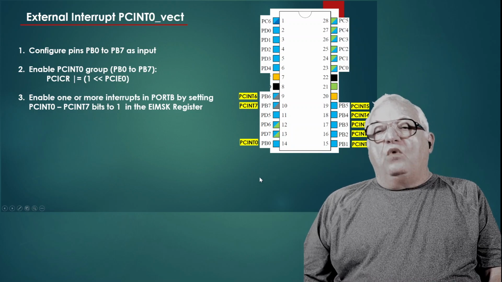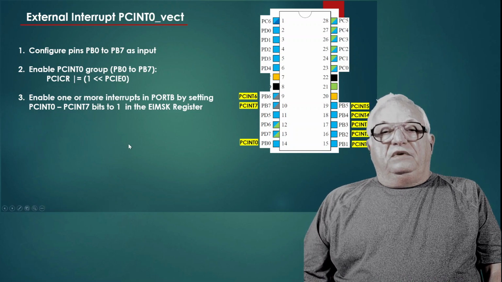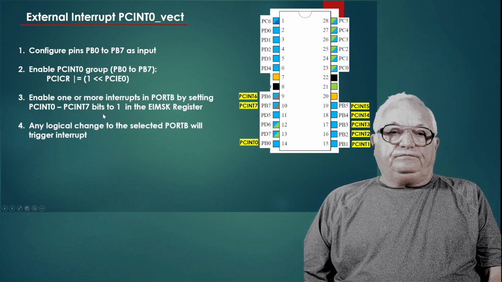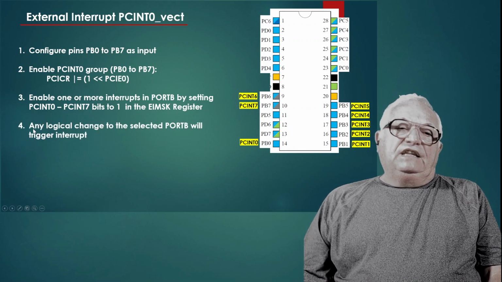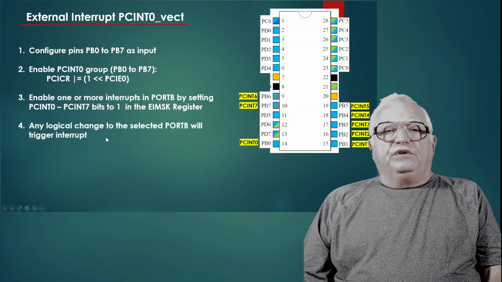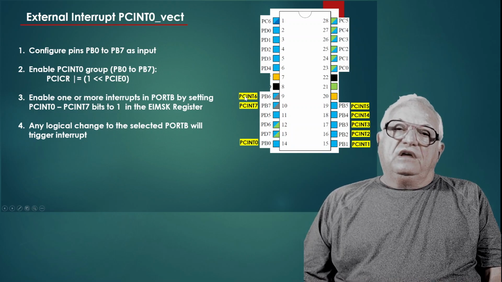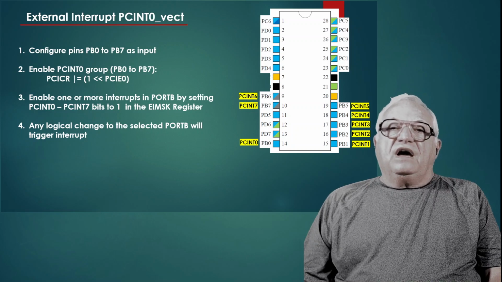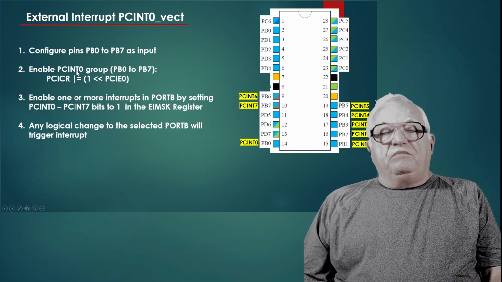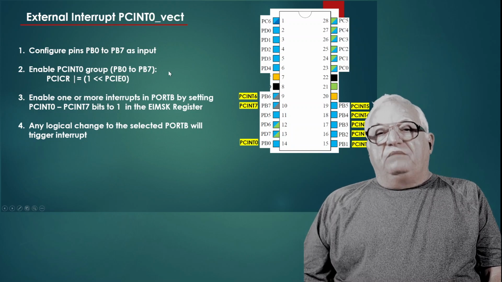You can select 1, 2, 3, or you can select them all to be configured to create interrupts. Next, any logical change on the selected port B pins will trigger an interrupt. So any pin that changes from high to low or low to high will trigger an interrupt, as long as we've enabled that pin to be an interrupt.